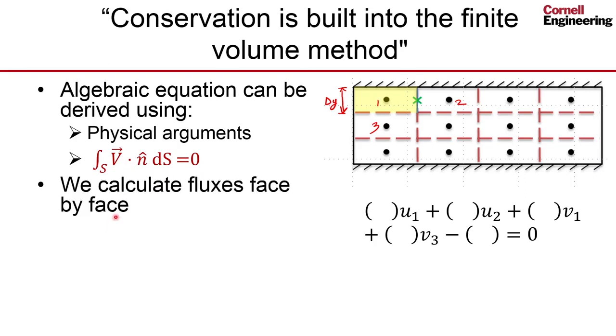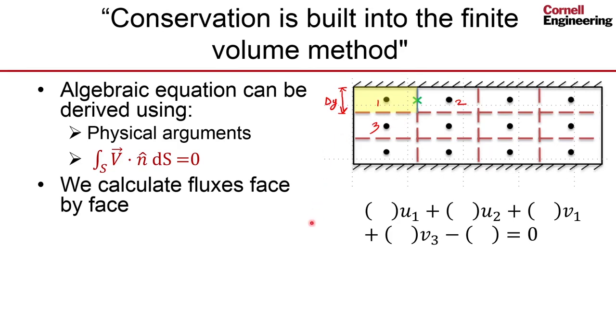But in either case, we calculate fluxes phase by phase. So we go to this phase and look at, for mass conservation in compressible flow, the volume of flow crossing that phase. Similarly for this phase, and this phase. And then we add all that up and equate that to 0.